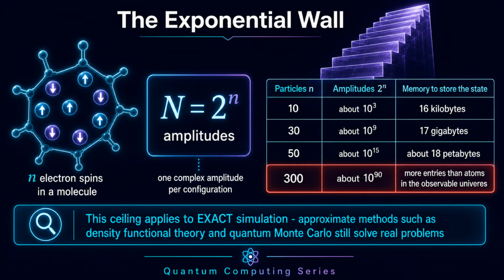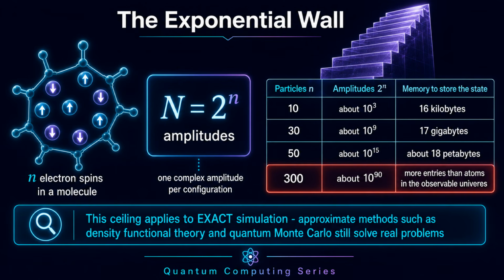Modern classical computers are extraordinary machines, and for the overwhelming majority of tasks, they remain the right tool. But a few problem classes scale so badly that no amount of engineering rescues them. Consider n interacting two-level quantum particles, for example, electron spins in a molecule.